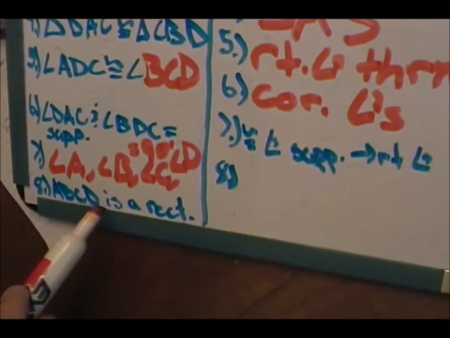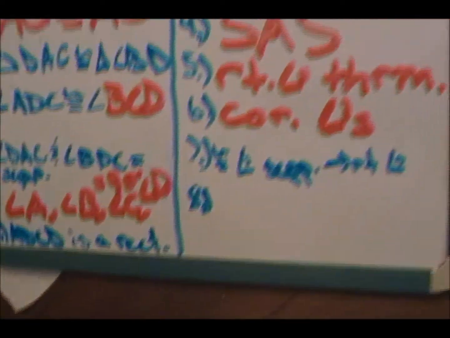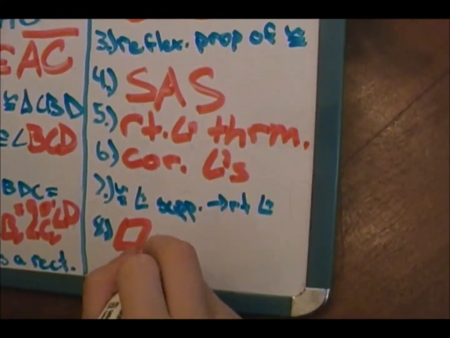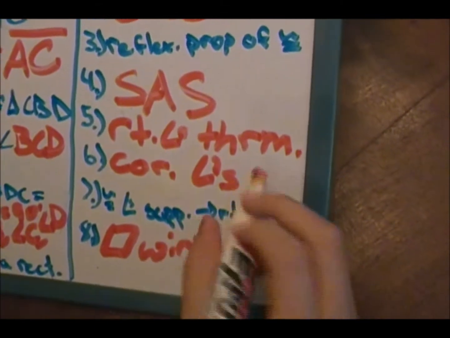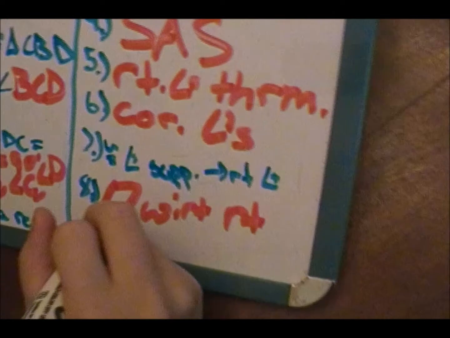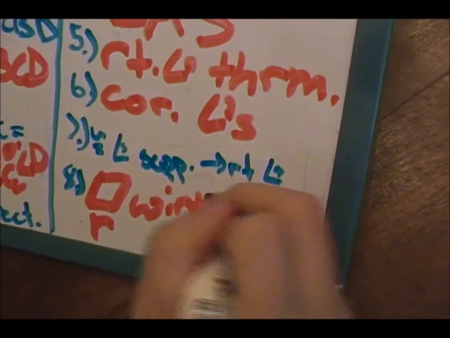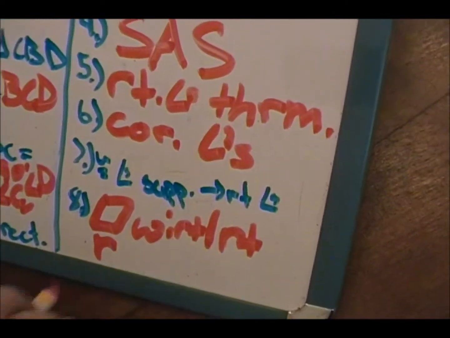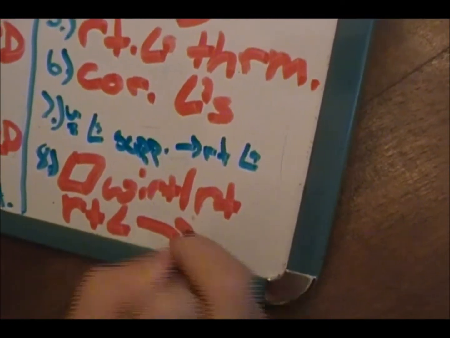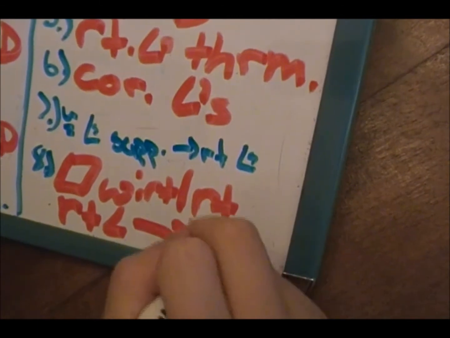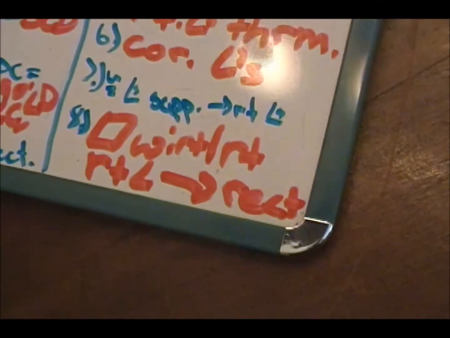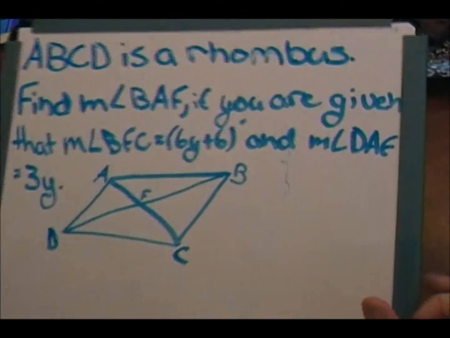Then ABCD is a rectangle. How do you know that? Parallelograms with one right angle equals a rectangle. Good job, Kelly.